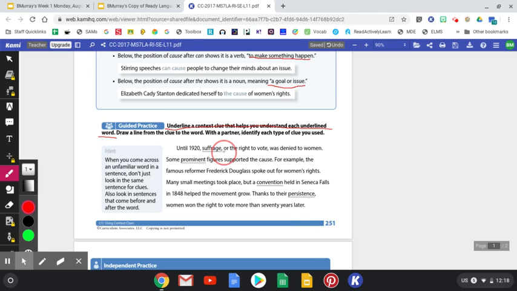So I'm going to underline the right to vote, and I'm going to draw an arrow or a line to show that the right to vote means suffrage. This is a restatement. All right, so I will let you do the other three on your own, and you can check your work on our Google slide.